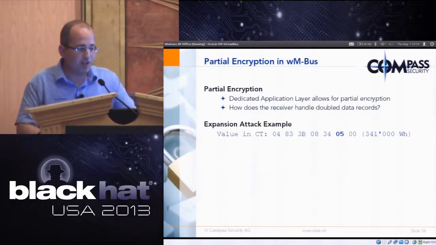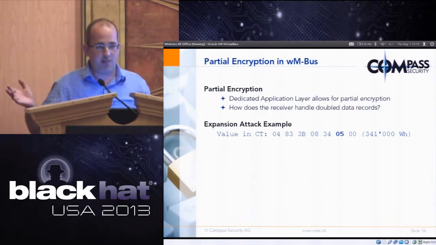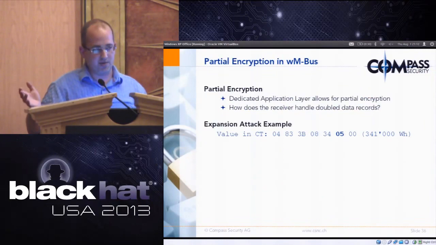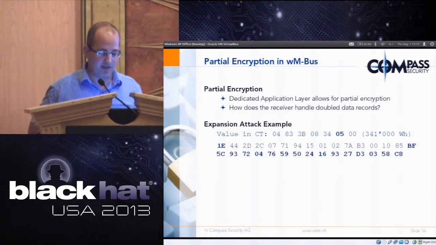So we do have another issue, there's partial encryption. So what does it mean? You can define a part of the protocol being encrypted. Let's say you're going to say, I have three blocks encrypted and the rest will be plain text. Now what you could do is just pick an encrypted packet and basically append your own plain text and alter the frame length, which is not encrypted as well. So let's say we have that value and it's encrypted, it looks like that.